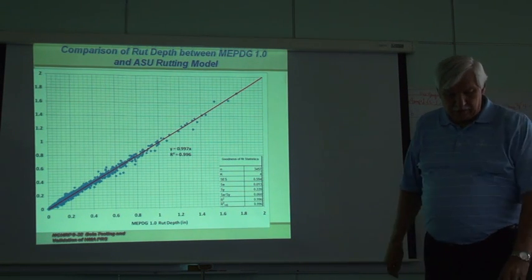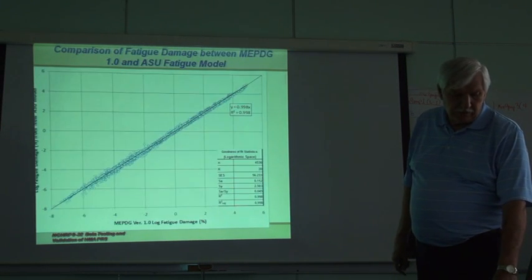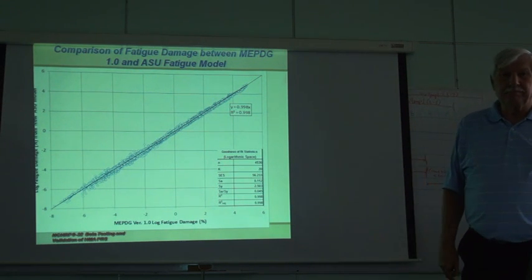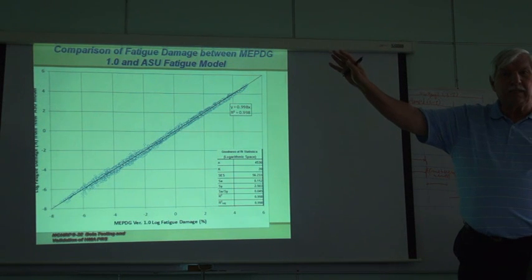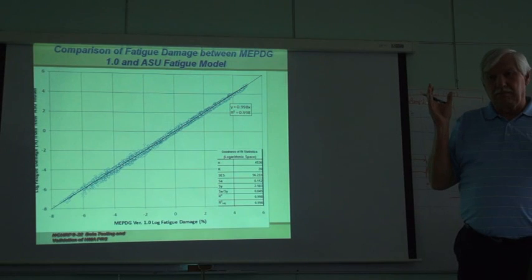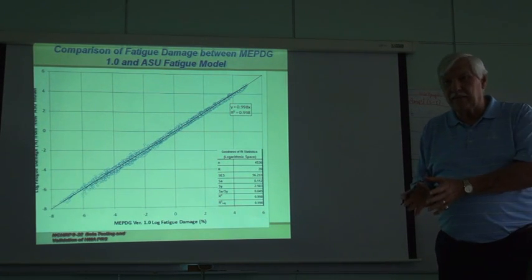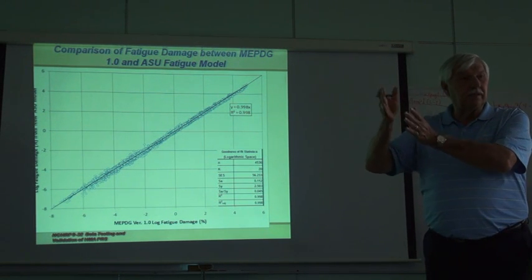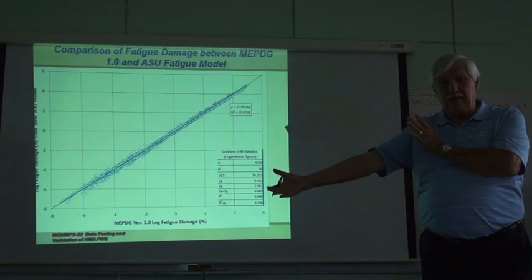Here's the correlation. This happens to be for rutting in the asphalt. The next one will show you what the correlation for fatigue cracking looks like. Again, this is taking the MEPDG, if you're familiar with that, the complex, multi-temperature, multi-stiffness, multi-everything. Every 2 weeks we take a signature of the changes of the modulus. We do cumulative damage.